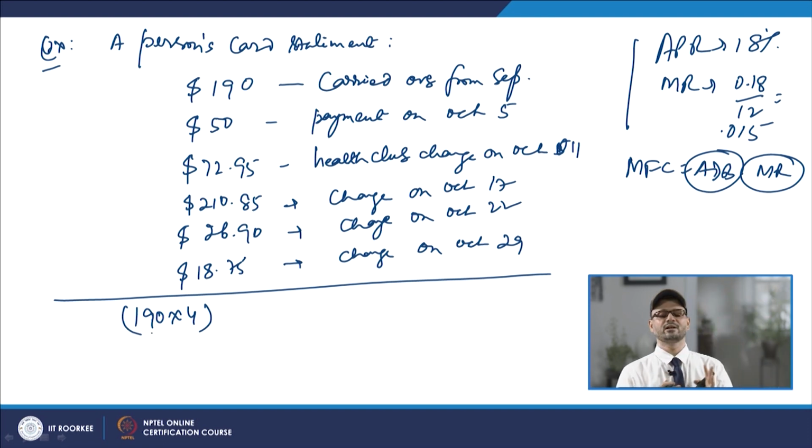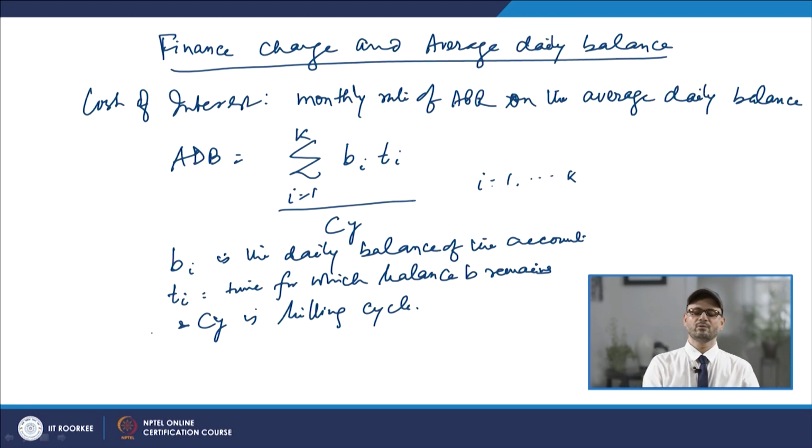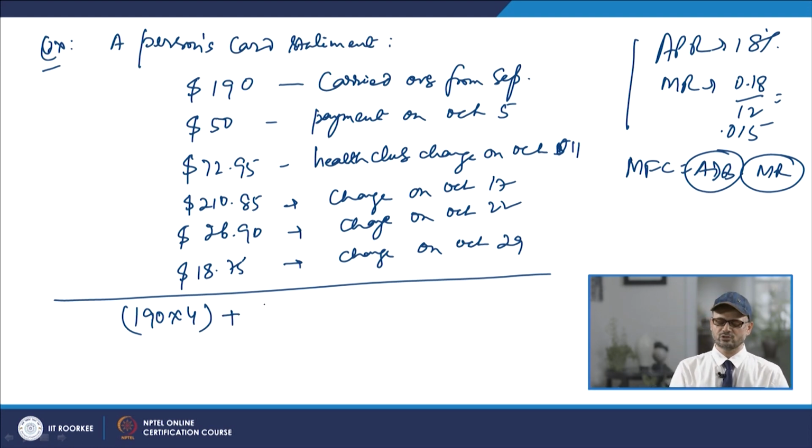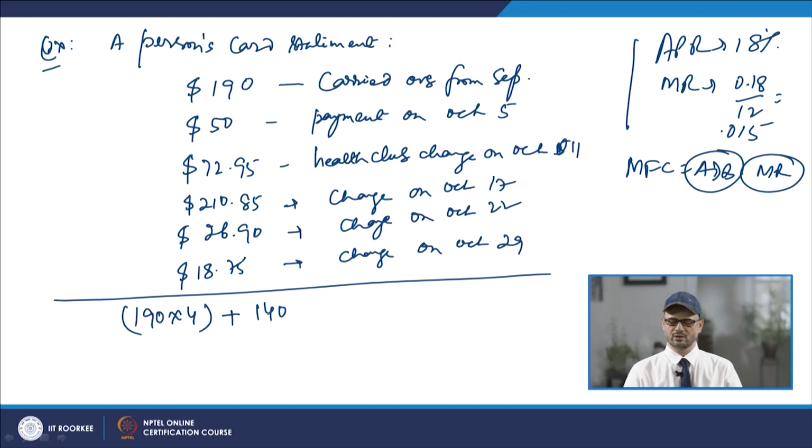That is the formula for how long this 190 is there. After 4 days, because he has paid 50, he now has a daily balance of 140. From the 5th onwards he has 140, for the 5th, 6th, 7th, 8th, 9th and 10th. So this will be 6 days.